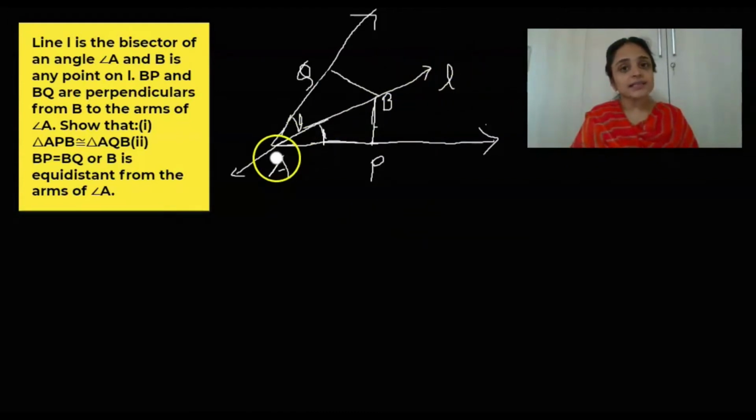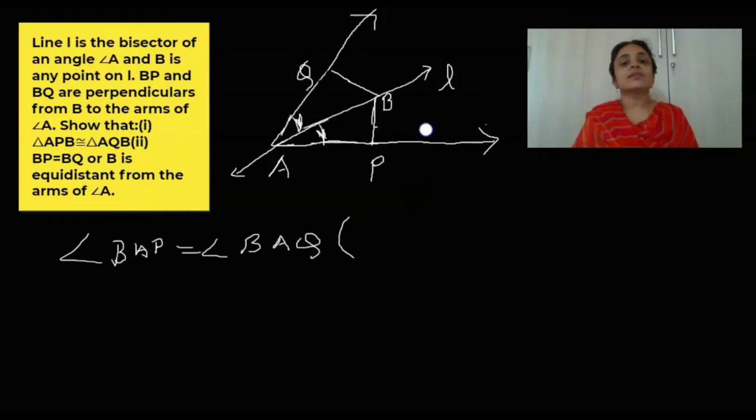Given that L is the bisector of this angle A, which means a bisector divides one angle into two equal parts. So these two angles will be the same. So we can say that angle BAP is equal to angle BAQ, and we can write in bracket since L is the bisector of angle A.